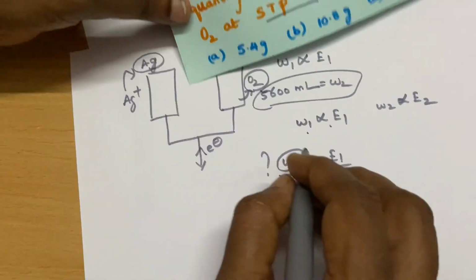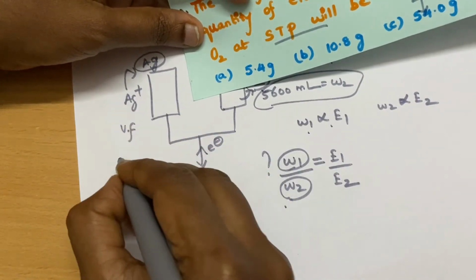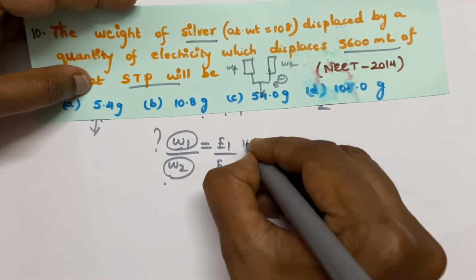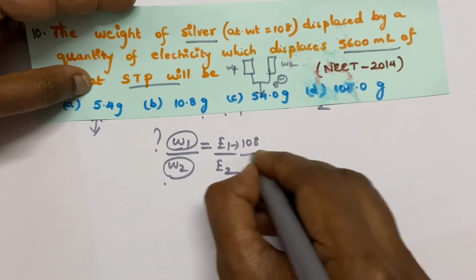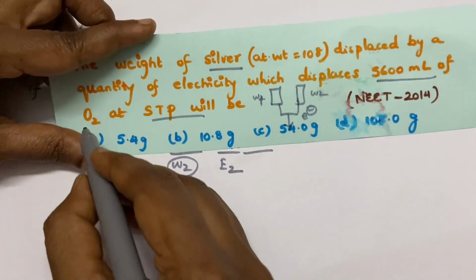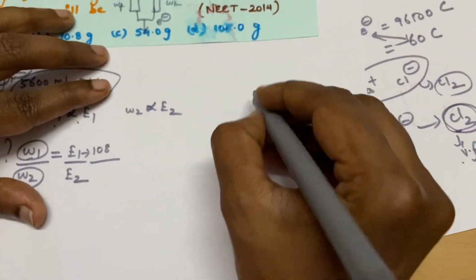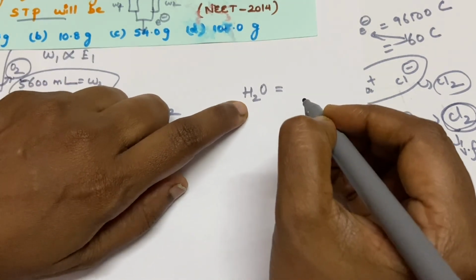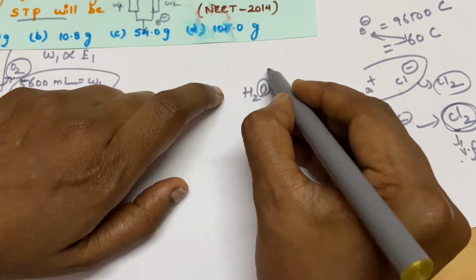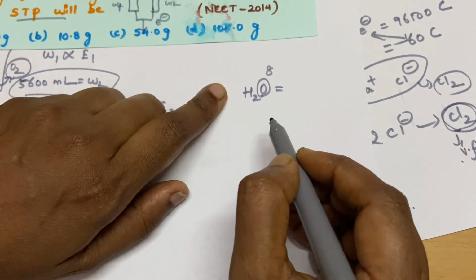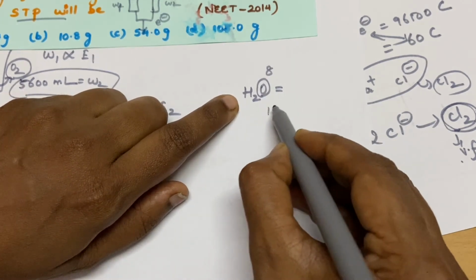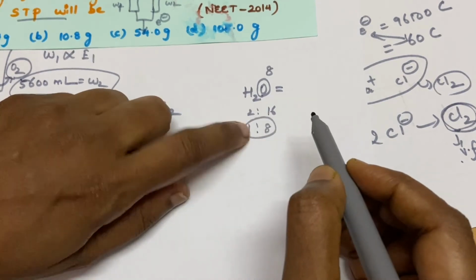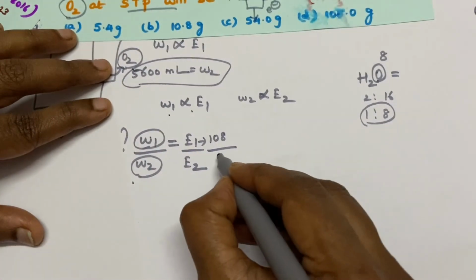For silver, Ag plus, the valence factor is 1, so the equivalent mass is the same as the atomic mass. We know that the equivalent mass of oxygen is 8. How is it 8? From the combining capacity with hydrogen: here oxygen is 16, hydrogen is 2, so for one hydrogen it is 8.